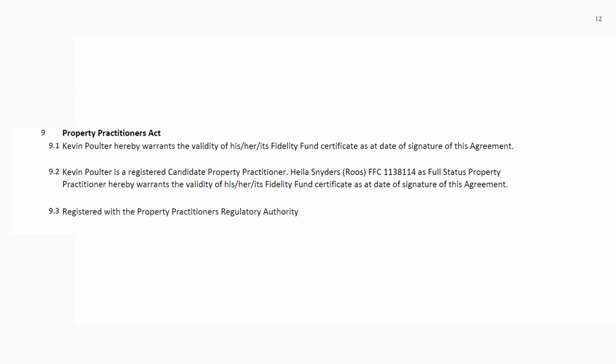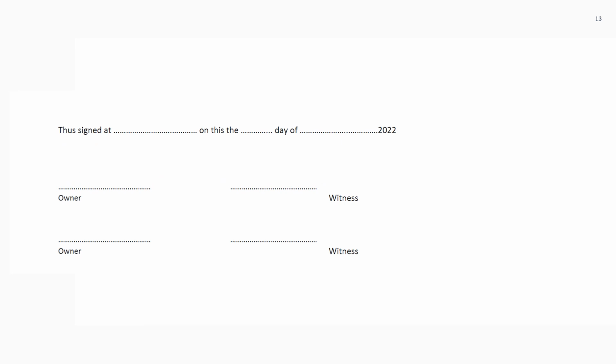Should this practitioner be a candidate property practitioner, the full status agent verifies that they have got a valid Fidelity Fund certificate and they are overseeing this agreement. 9.3 verifies that we are registered with the Property Practitioners Regulation Authority. Should you have any questions regarding the agreement, please ask our agent for more details on that specific section.